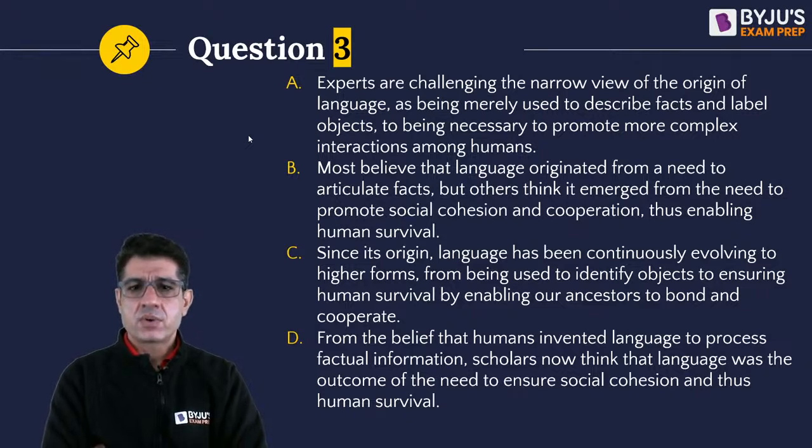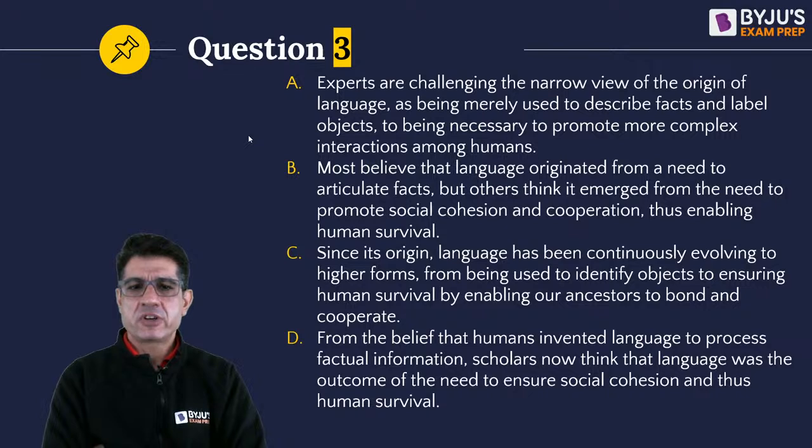Now, if I look at, say, option D, invented language to process factual information was the outcome of the need to ensure social cohesion and thus human survival, things which are not even mentioned. Option A talks about experts and narrow view, which is not the case. So A and D get dismissed.